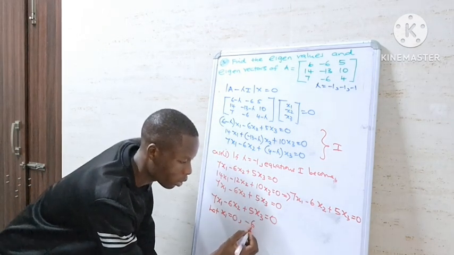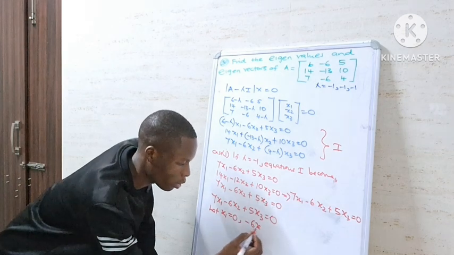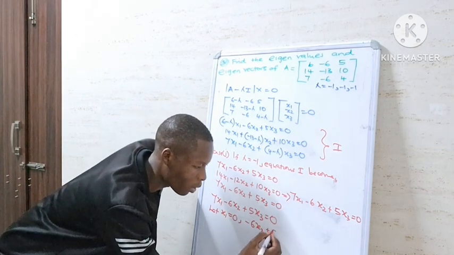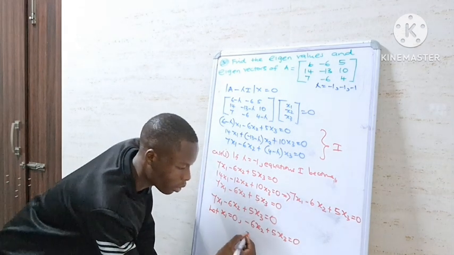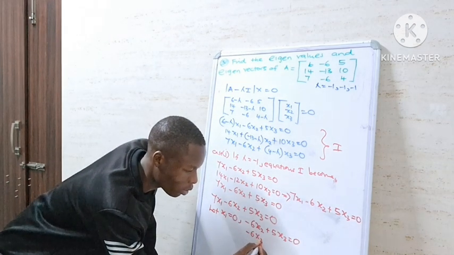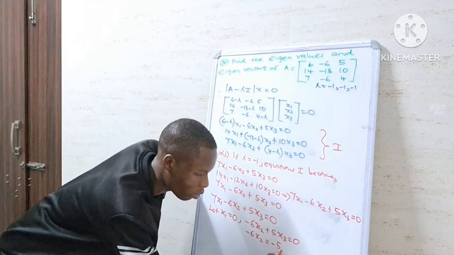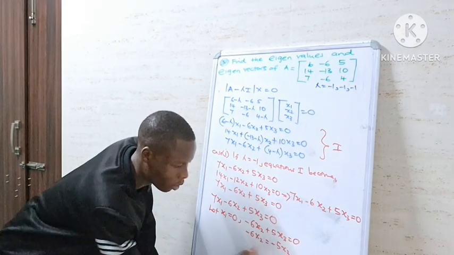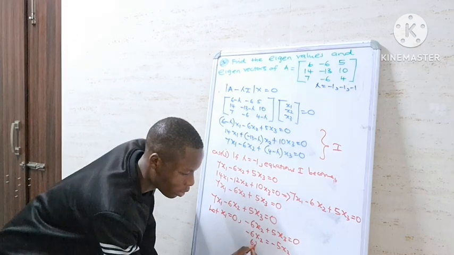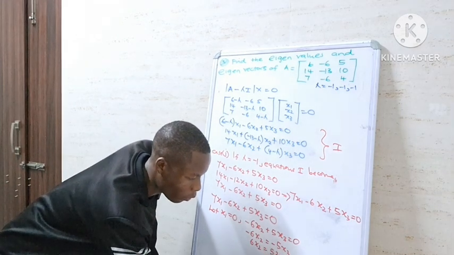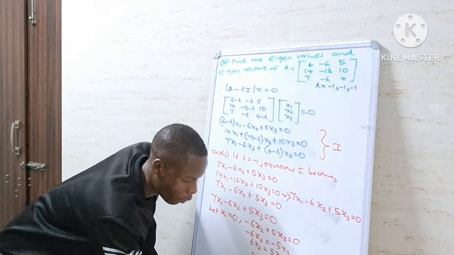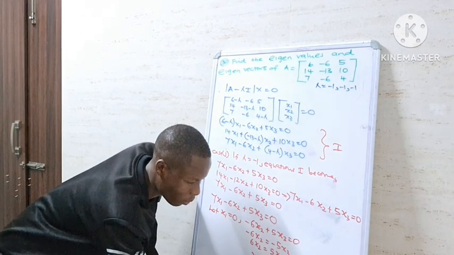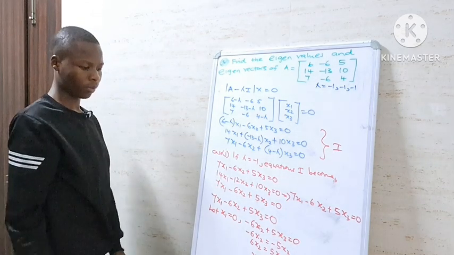This becomes negative 6x2 plus 5x3 is equal to 0. Negative 6x2 is equal to negative 5x3. Divide both sides by negative, 6x2 is equal to 5x3. This is x2 by 5 is equal to x3 by 6.